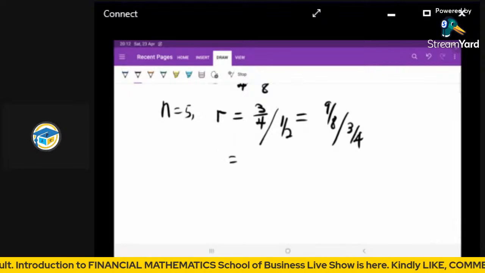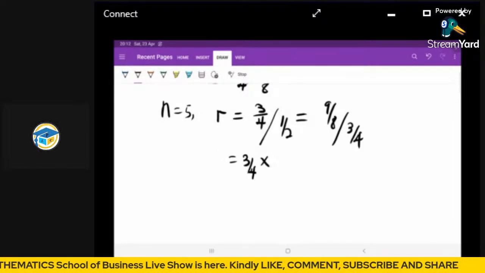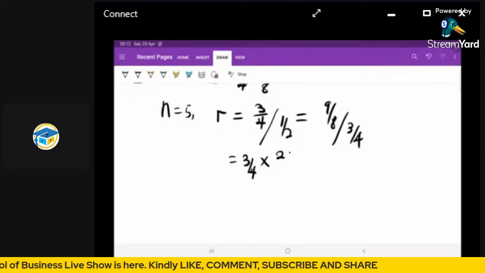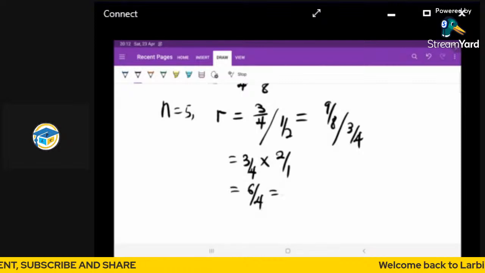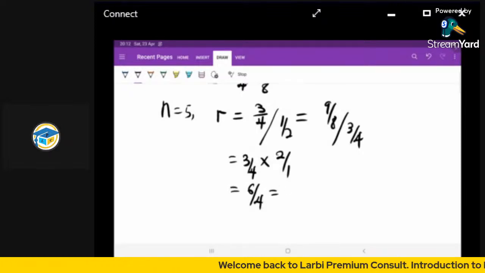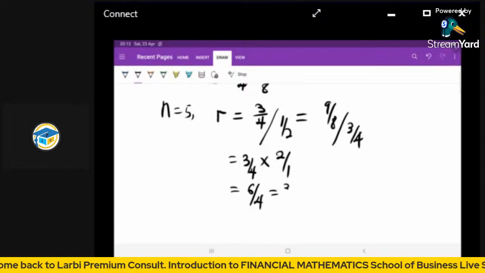It's going to give me 3 out of 4 multiplying the reciprocal of the denominator, which is 2 out of 1. So I'm going to have 6 out of 4. 2 goes into 6 three times, 2 goes into 4 two times. So I can say that it is going to give me 3/2.